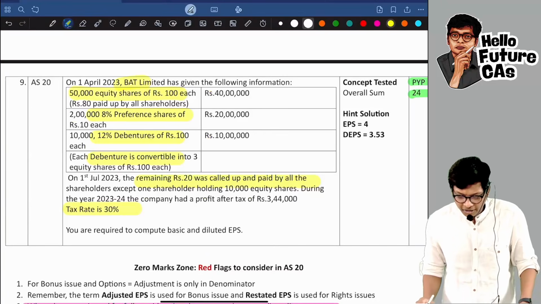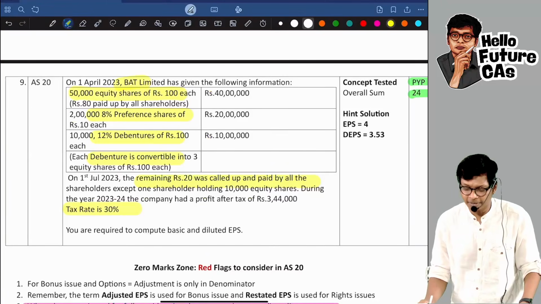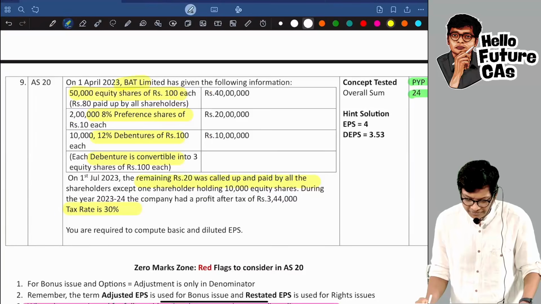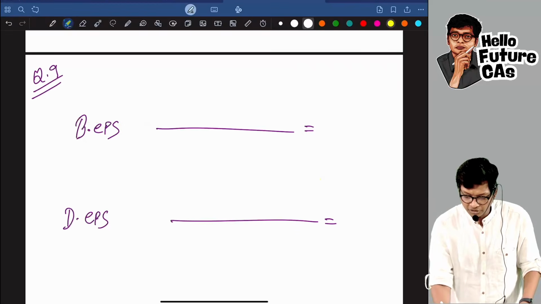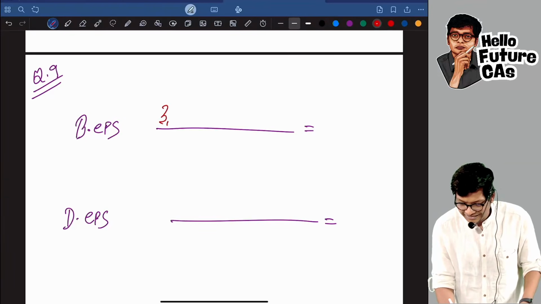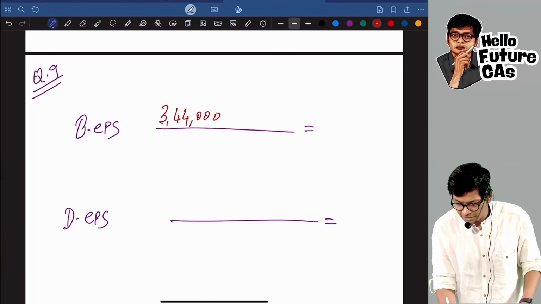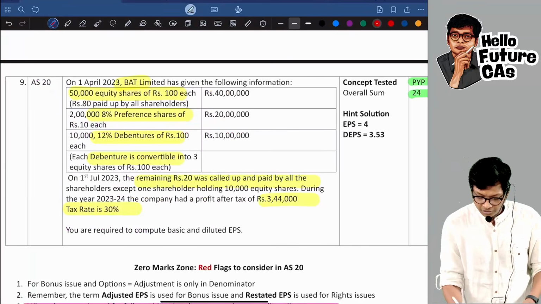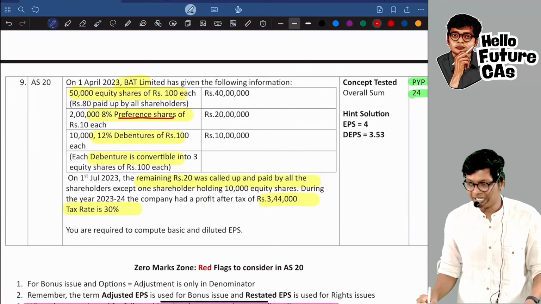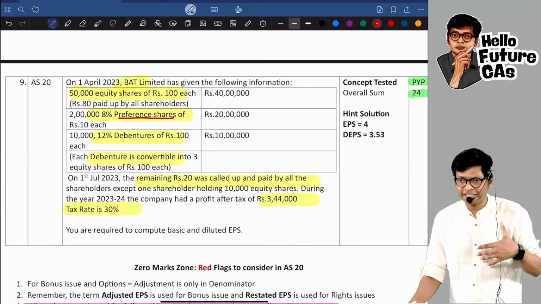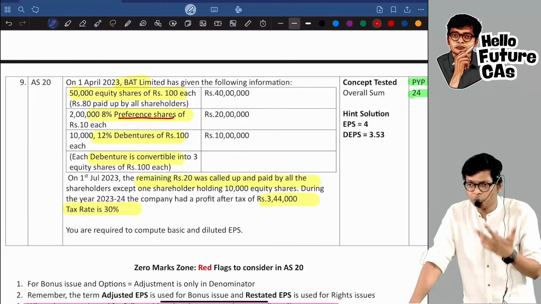What is the numerator for basic? First, let me finish off basic EPS, guys. What is the net profit they have given in the question, guys? 3,44,000. Therefore, here, can I take 3,44,000 as the numerator? No, because you have preference shares. I told you ICA is now expecting you to reduce preference dividend, assumed it to be cumulative.